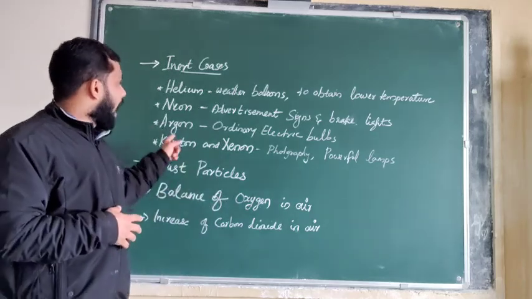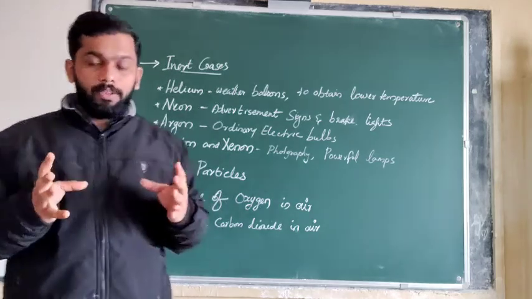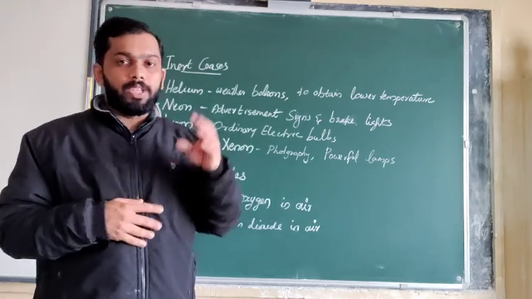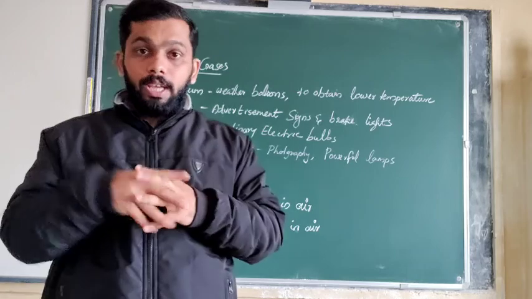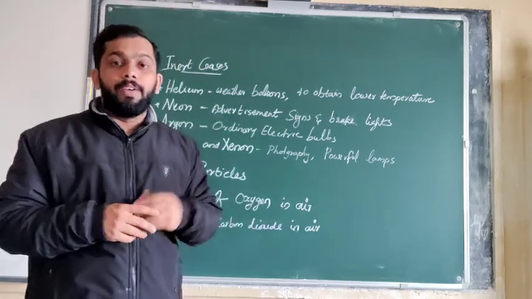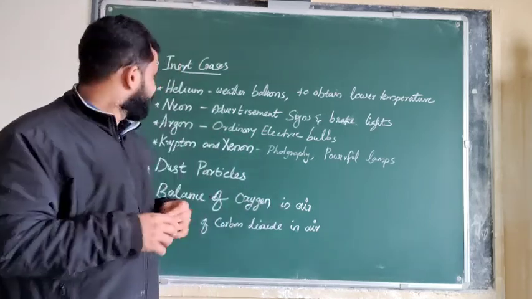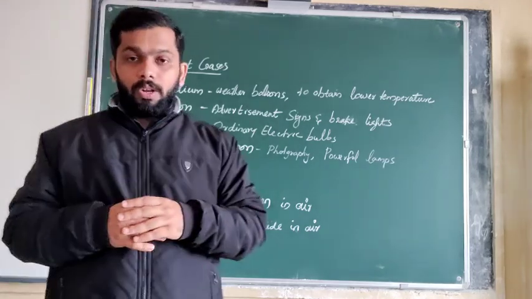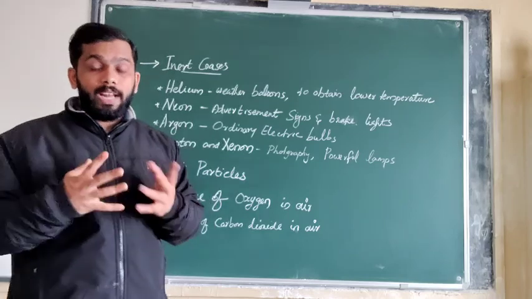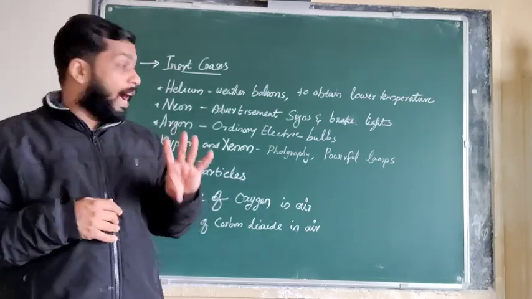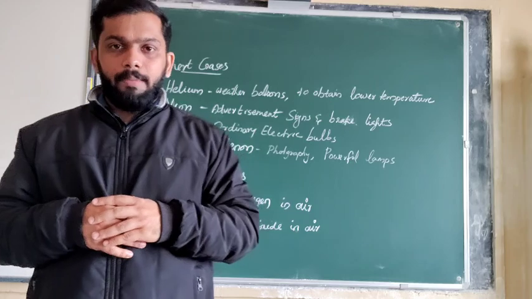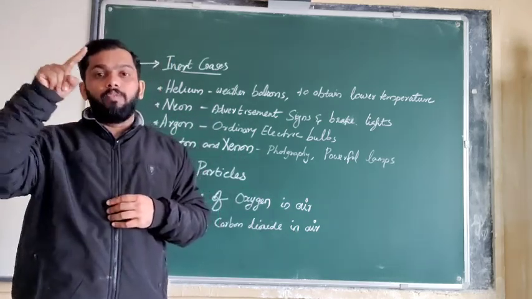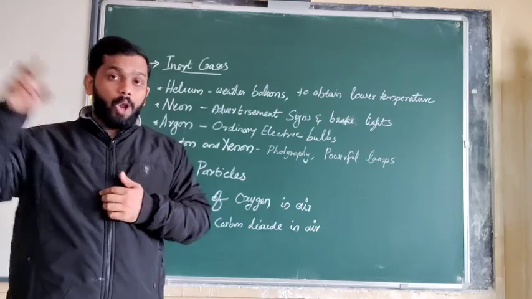Then the third one is argon. Argon is also an inert gas, and it is normally used in ordinary electrical bulbs, that means the filament bulb, the round-shaped earlier bulb. Then the last ones are krypton and xenon, which are used in photography and in very high beam, powerful lamps, for example in a lighthouse, where a powerful lamp rotates so that its light travels a long distance.